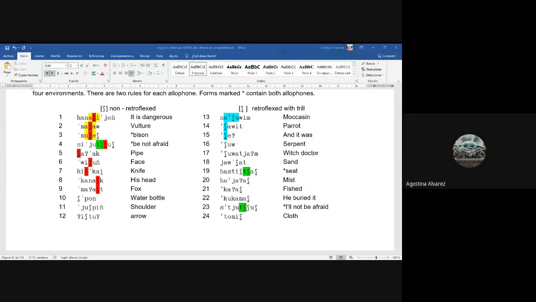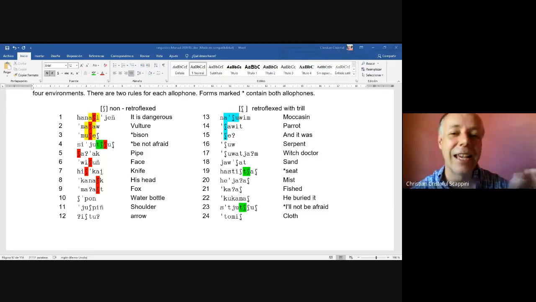I think that the retroflexed one happens only in word final position and at the beginning of a stressed syllable. And you mentioned a key word, Agostina. One thing that we were not taking into account: stress. Okay, so let's take a look.